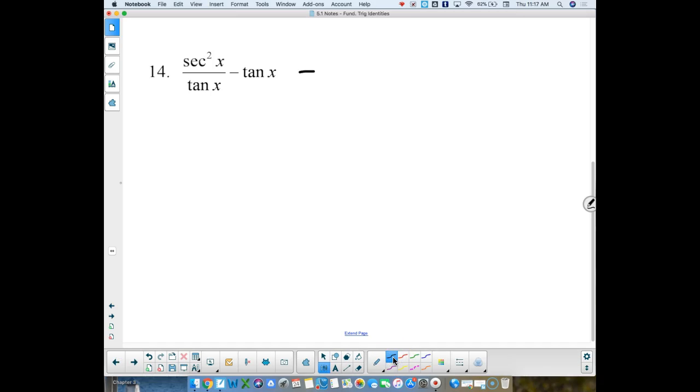Okay. So I would write this as my common denominator is going to be tangent of x. The first one, I don't need to adjust at all because I'm already in my common denominator.